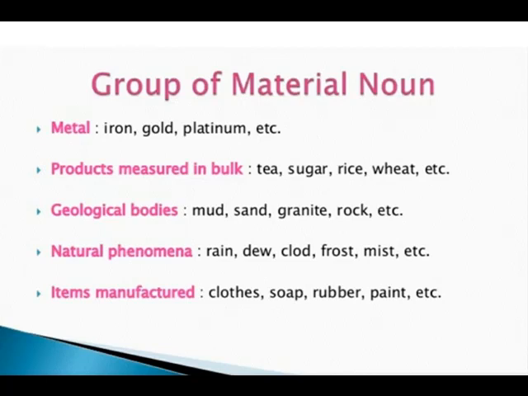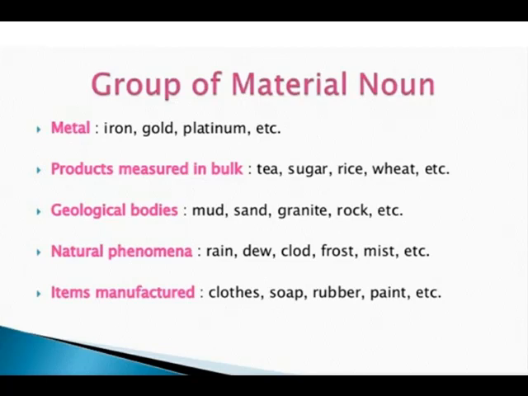Tea, sugar, rice, wheat, mud, sand, granite, rock, rain, dew, cloth, frost, mist, like the clothes, soap, rubber, paint. Then we have bronze, glass, brass, flour, cotton, silk, steel, and still there are many names of materials.